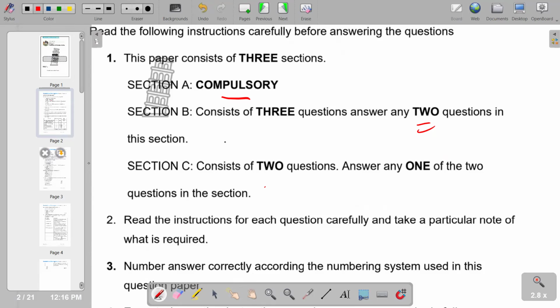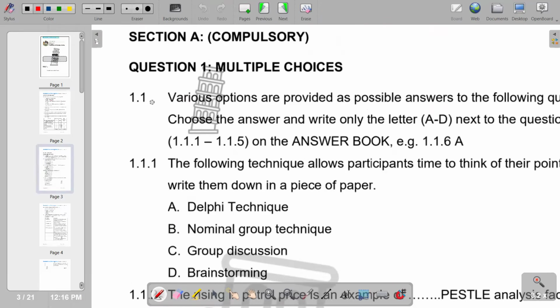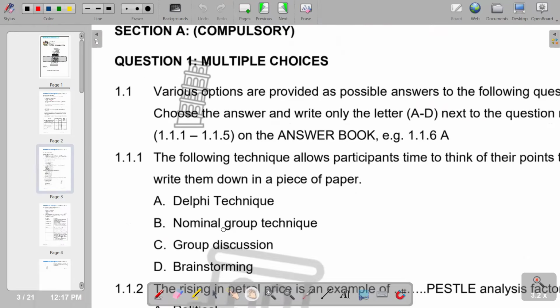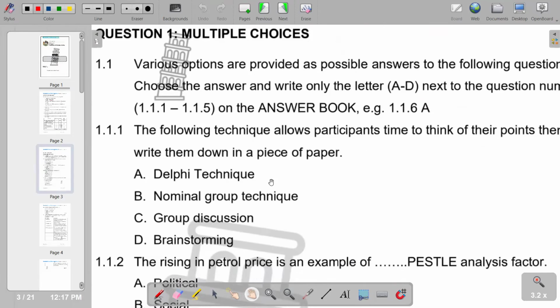Then the first part of our question paper is multiple choice. Going to the first question, it reads: the following technique allows participants time to think of their points, then write them down on a piece of paper. According to our responses, the correct response is B, which is the nominal group technique.